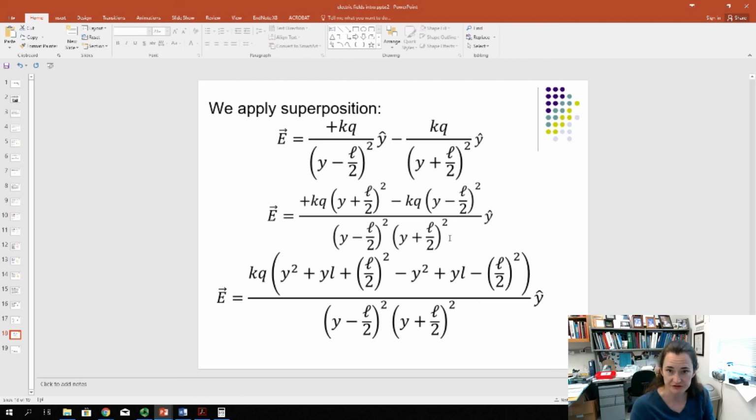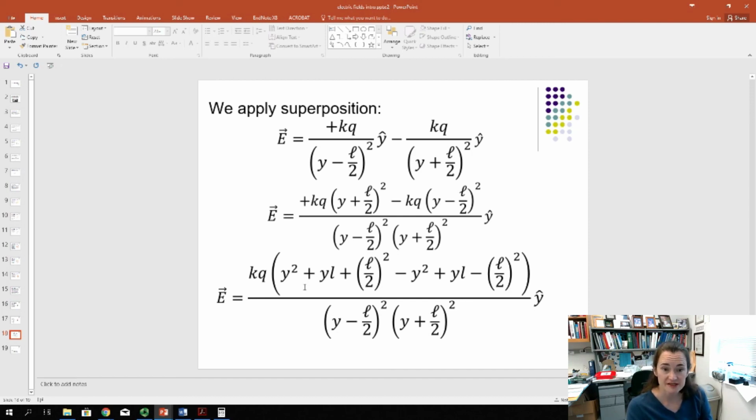But the denominators are different, and so doing a little bit of algebra, I end up with E is equal to plus KQ times y plus L over 2 squared minus KQ times y minus L over 2 squared, and this is all over y minus L over 2 squared times y plus L over 2 squared. Now, expanding those squares up top and combining them, I get KQ times y squared plus YL plus L over 2 squared minus y squared plus YL minus L over 2 squared, all over y minus L over 2 squared times y plus L over 2 squared, all in the y-hat direction.